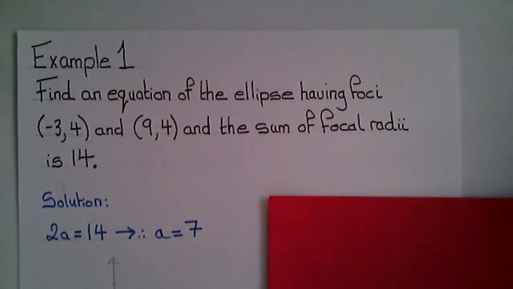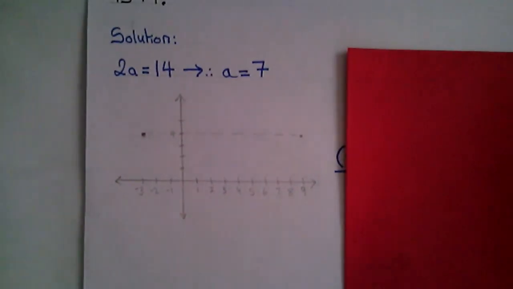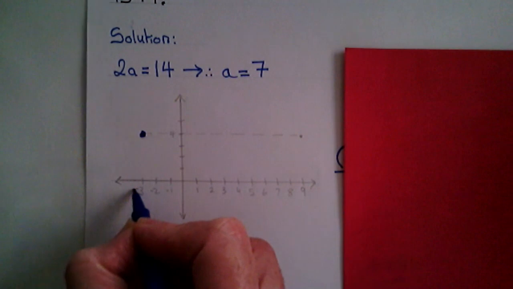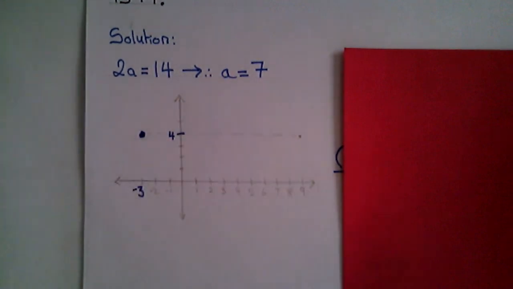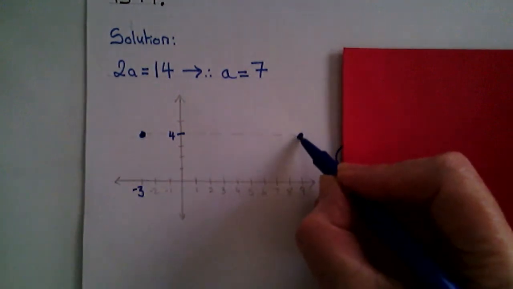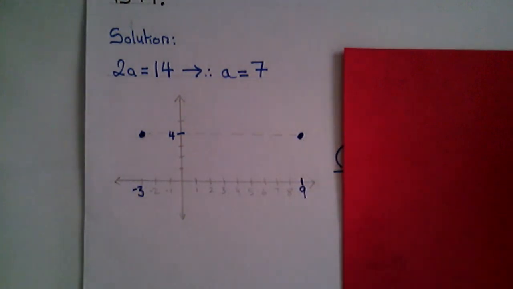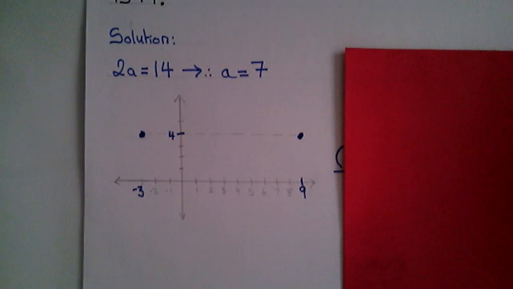So if I quickly draw an x and y axis, and say that at -3, 4, which is here, and then at 9, 4, on our coordinate plane, those two are where the foci are.